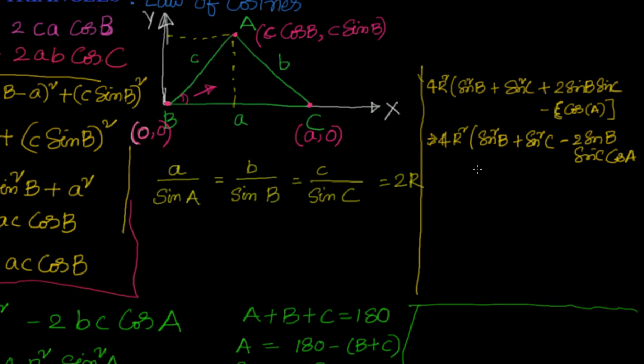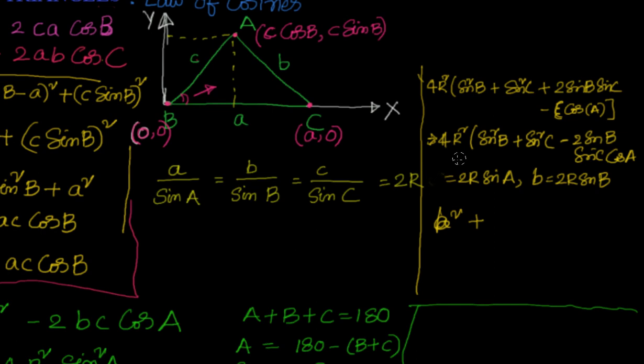Now what I will do? a equal to 2R sin A, b equal to 2R sin B. If I substitute that, it will become b square, because 4R square sin square B is b square. And c equal to 2R sin C, because that is what we are using now.